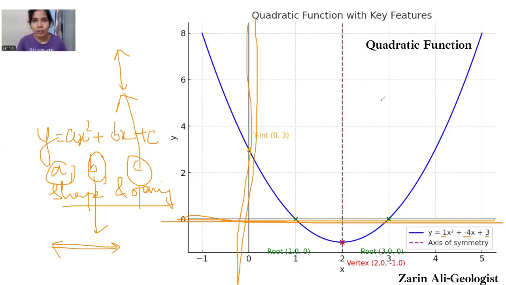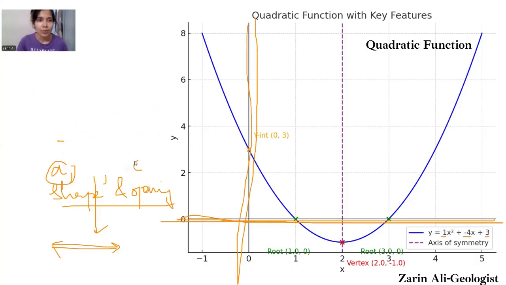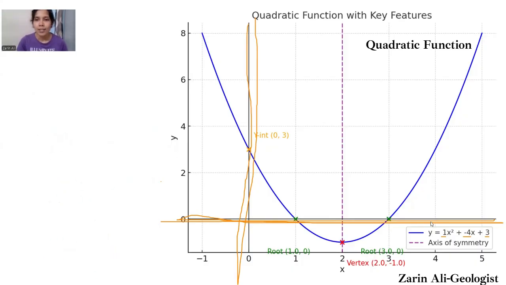Okay, so here we have some formulas to simplify your life. What is the value for the vertex? I pre-calculated it already and I have got 2 and minus 1. How did I get it? That's what I'll tell you.